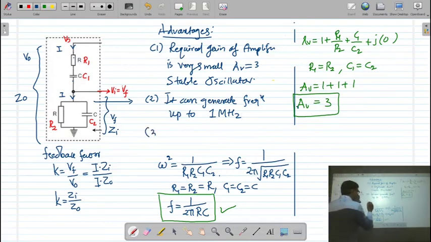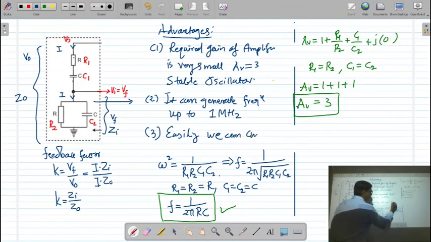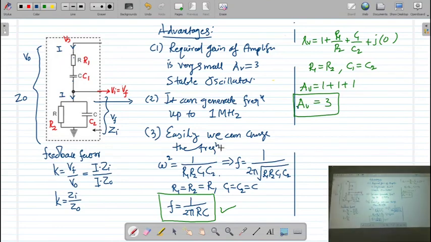If you see the third advantage, we can easily change the frequency. Remember. If I want to change the frequency, then what do I have to do? I have to change the resistances R1 and R2.